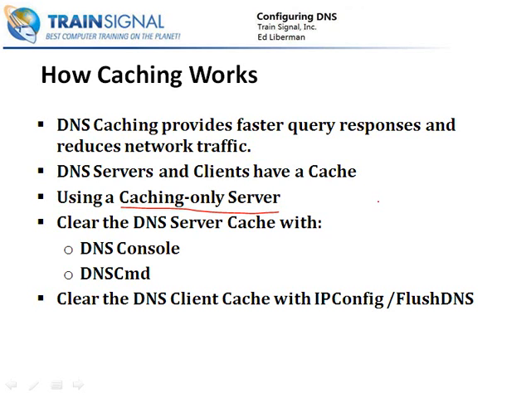At which point, if another client were to come in, it can service it much faster. And this comes in quite handy because those conditional forwarders are coming from a New York DNS server, and they're going out to a server we have in Chicago and a server out in Tokyo, which are most likely going to be over slower WAN links, and we want to reduce that traffic. So we'll go back and take a look at that all in a minute.